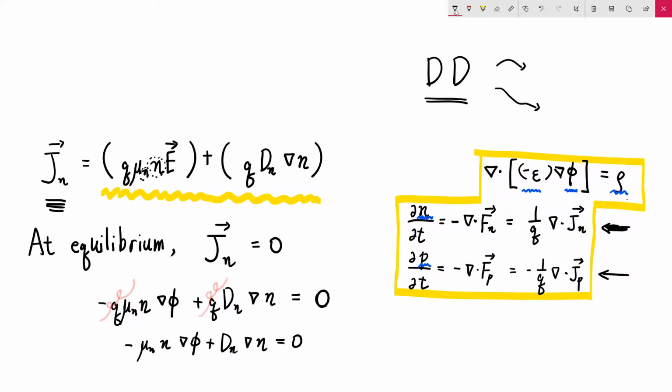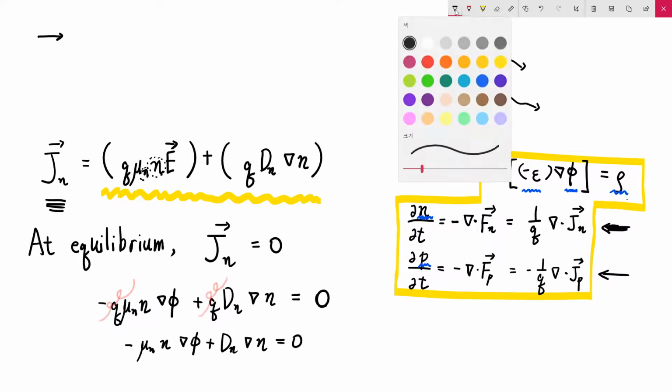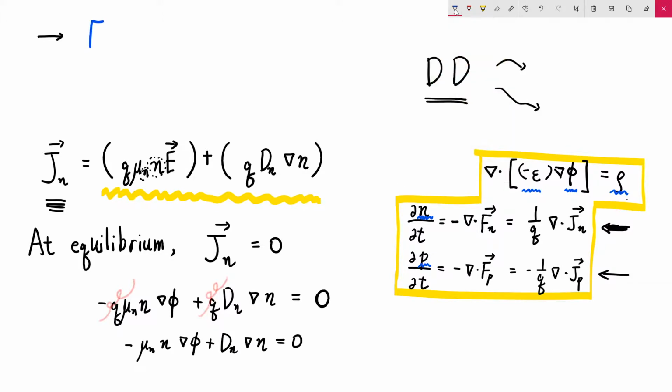Yes, this is strictly valid. And now we have to introduce another rule called the Einstein relation.